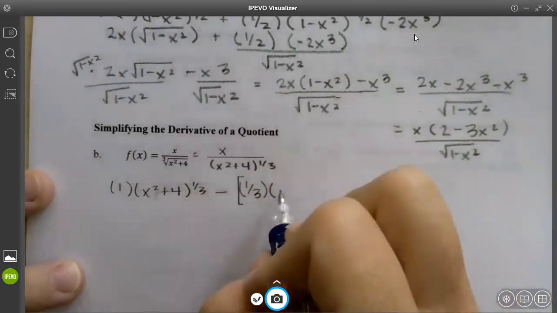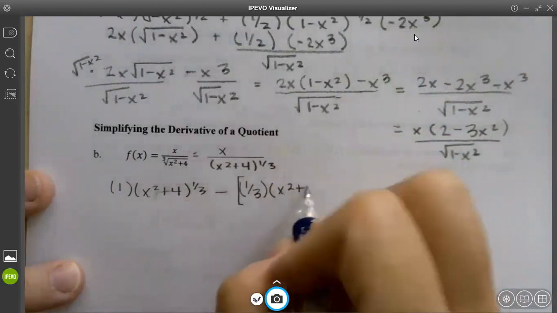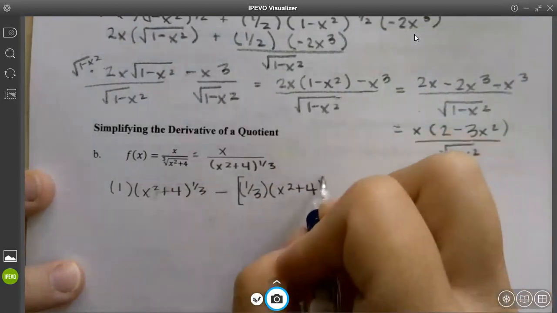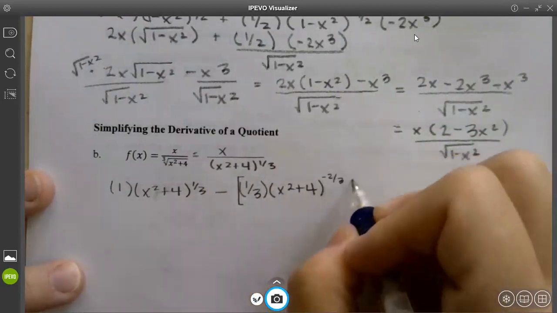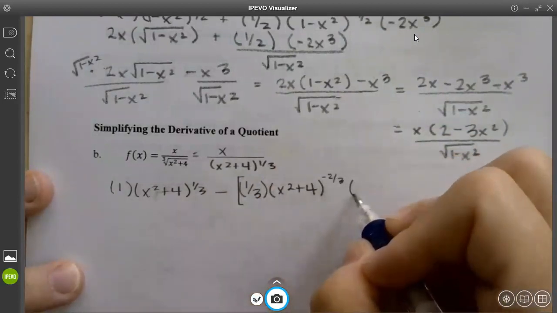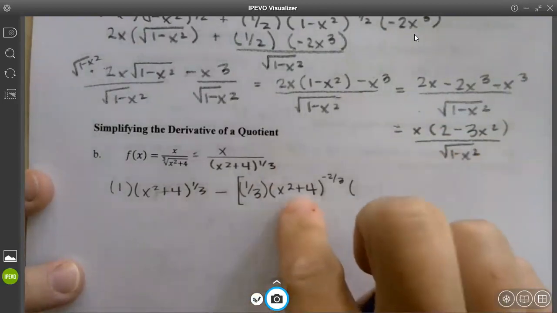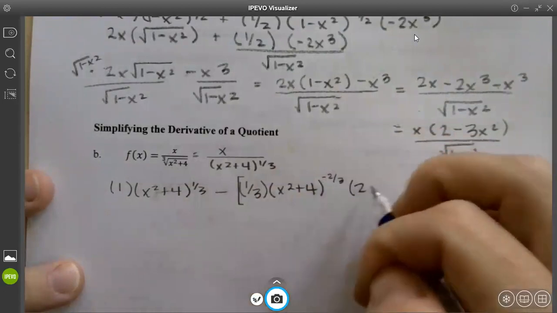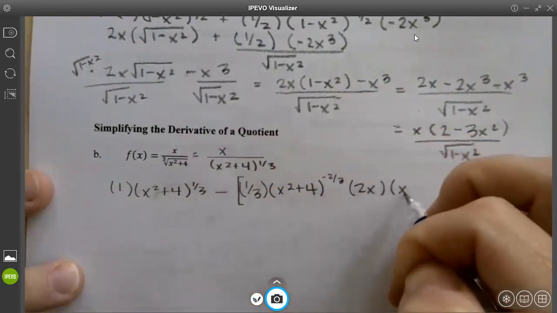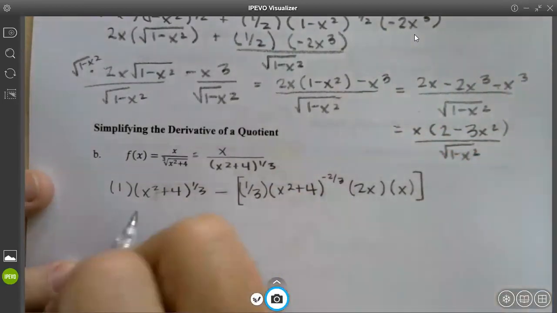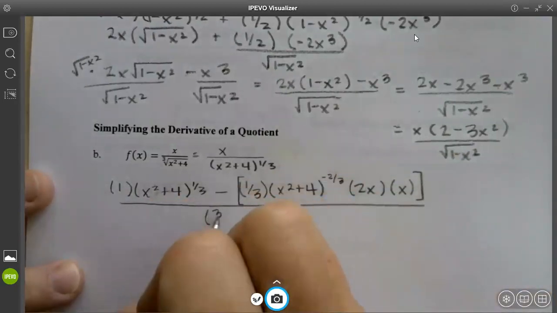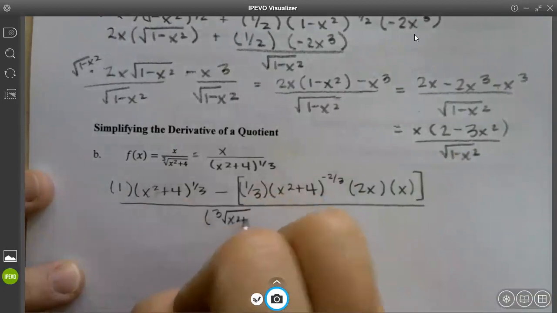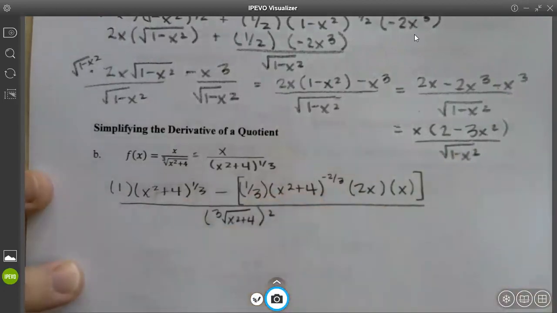Times the bottom to the negative 2/3 times. Remember, the extra step is the derivative of the inside. Don't forget the top. All over the bottom squared.